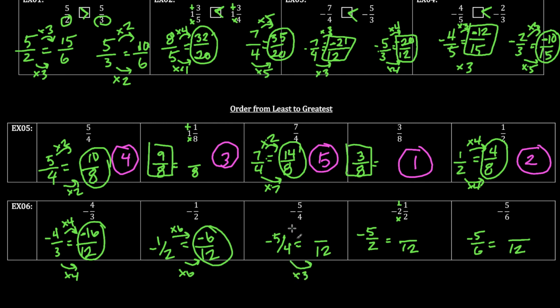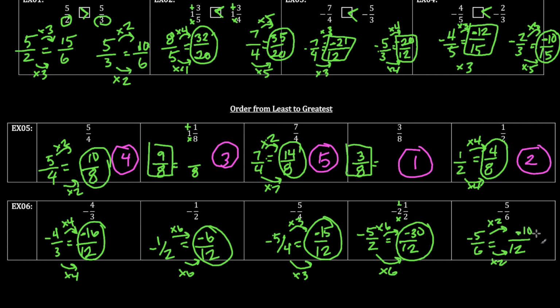Times 3 is negative 15 twelfths. Times 6 is negative 30 twelfths. Times 2 is negative 10 twelfths.